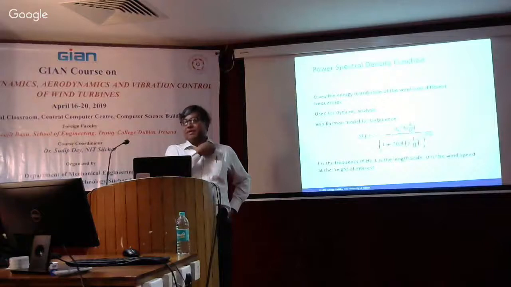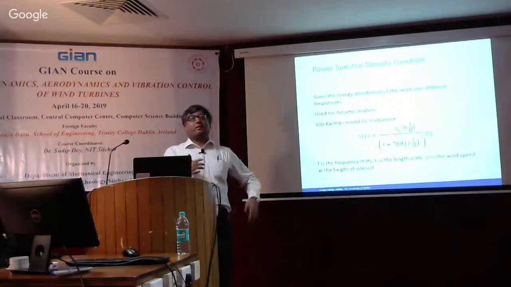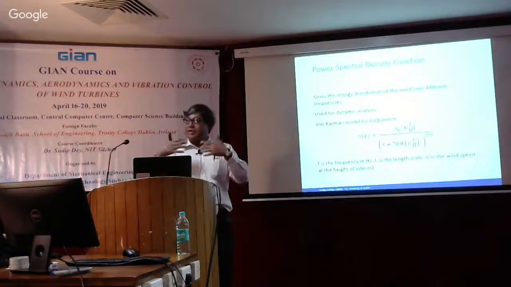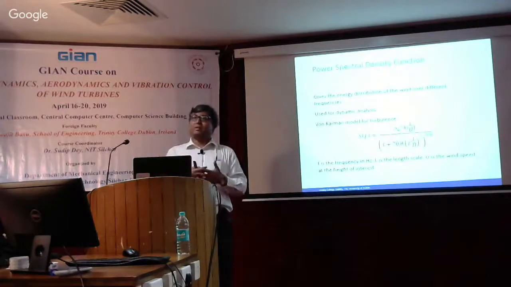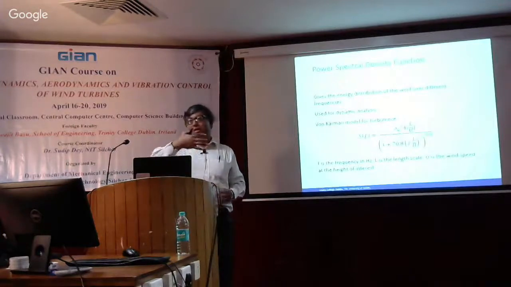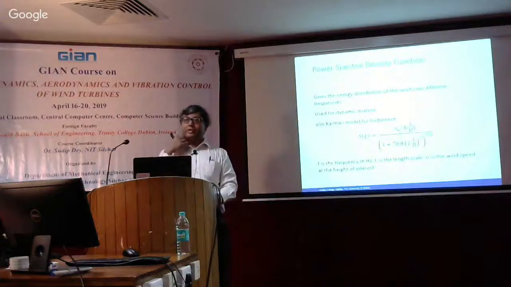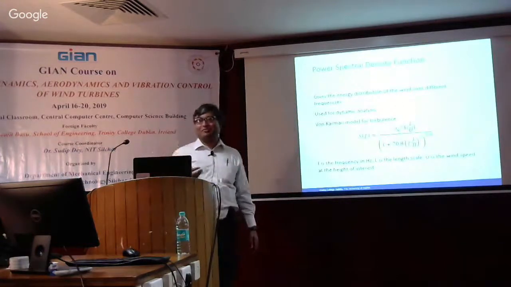But in rapid distortion theory, you can assume your 3D flow field and solve your Navier-Stokes with certain assumptions and approximations, and then look at the stochastic variations of the wind field with certain boundary conditions. So that's another possibility. But then we are going quite deep into advanced topics now.